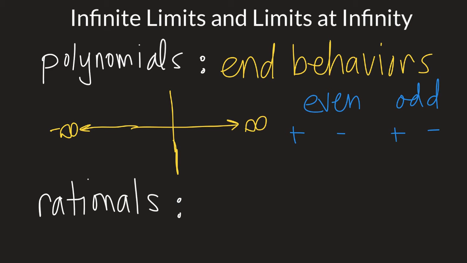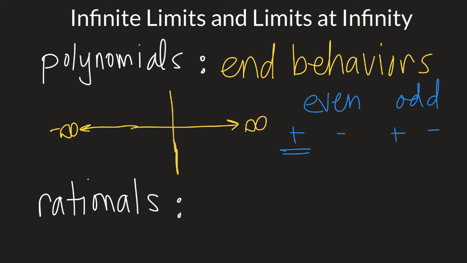So for even positive polynomials like x squared and x to the fourth, those always open up. So the limits at infinity for either one of these are always going to be positive infinity, because the ends of these graphs are always going up.